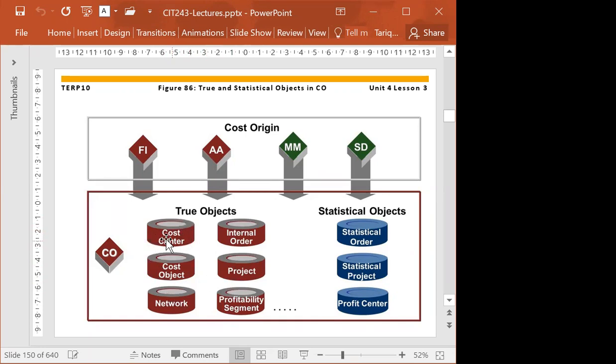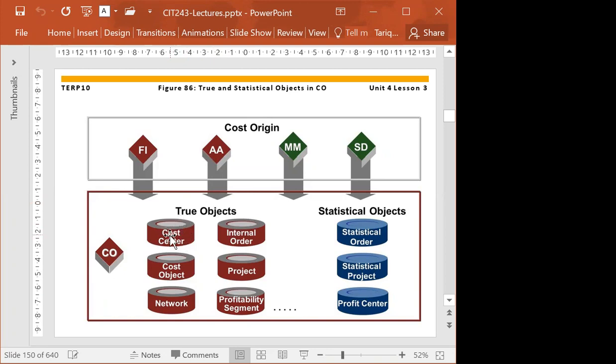In the controlling, they are receiving costs, single entries, or they are receiving revenue, cost. And then they are distributing from them. They are distributing their cost to other objects. Since they are distributing the cost to other objects, that's why we call them true objects.